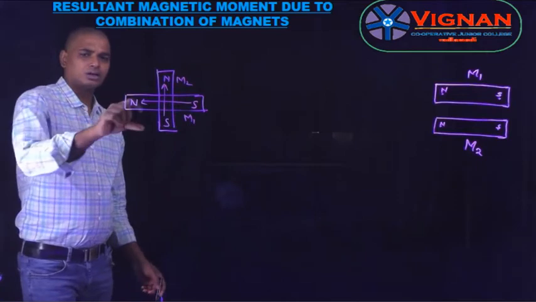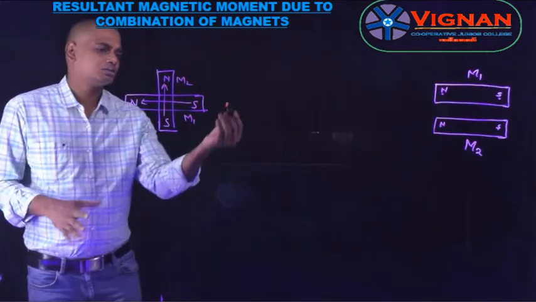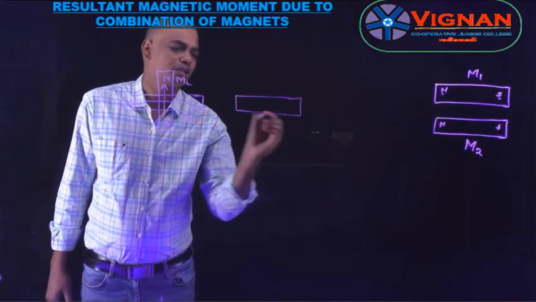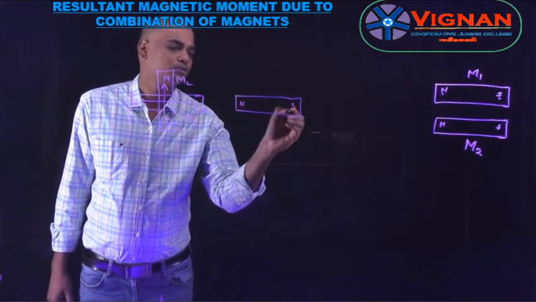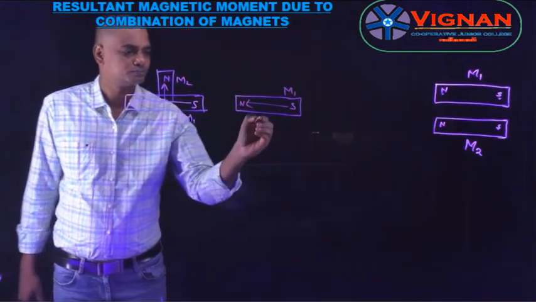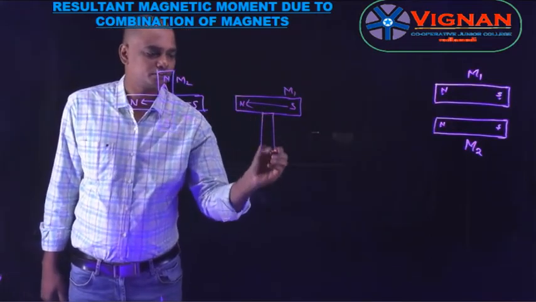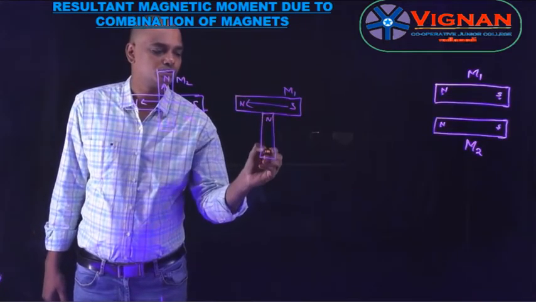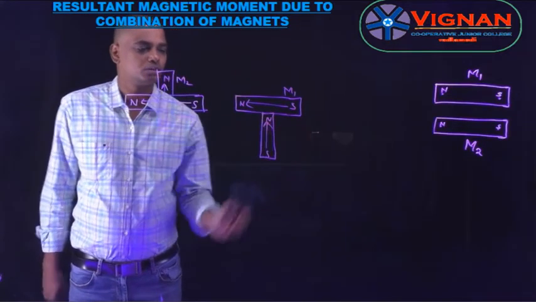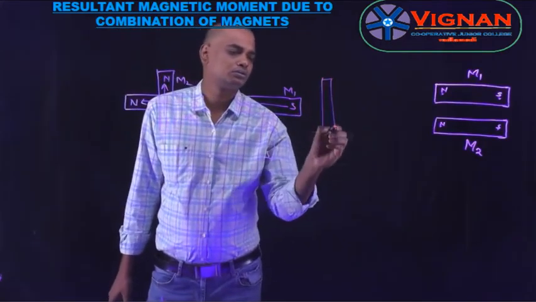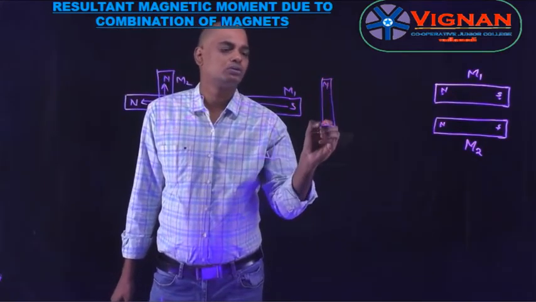These are not the only cases for perpendicular magnets. In the given question these magnets may be placed like this, north pole, south pole, magnetic dipole moment of m1, placed perpendicularly. Or if the question is given like this, north pole, south pole.